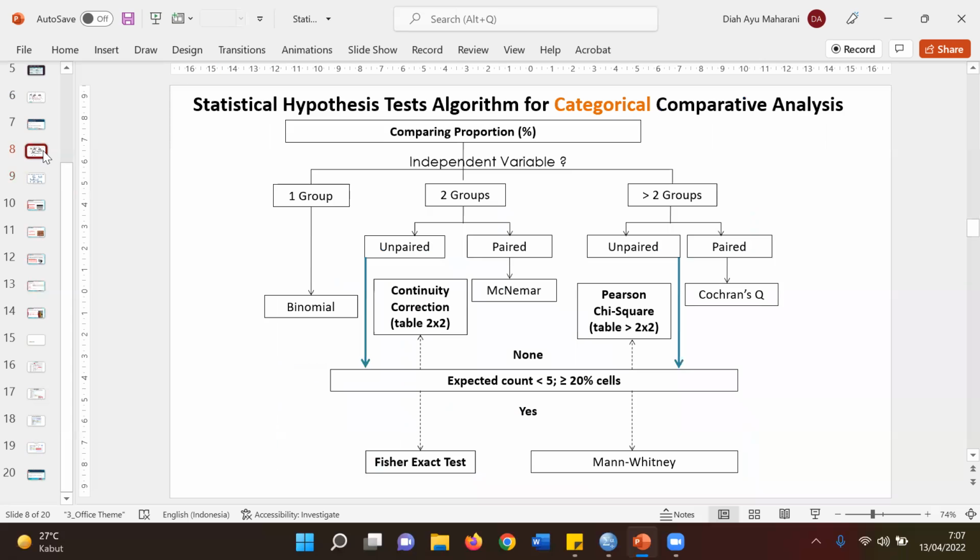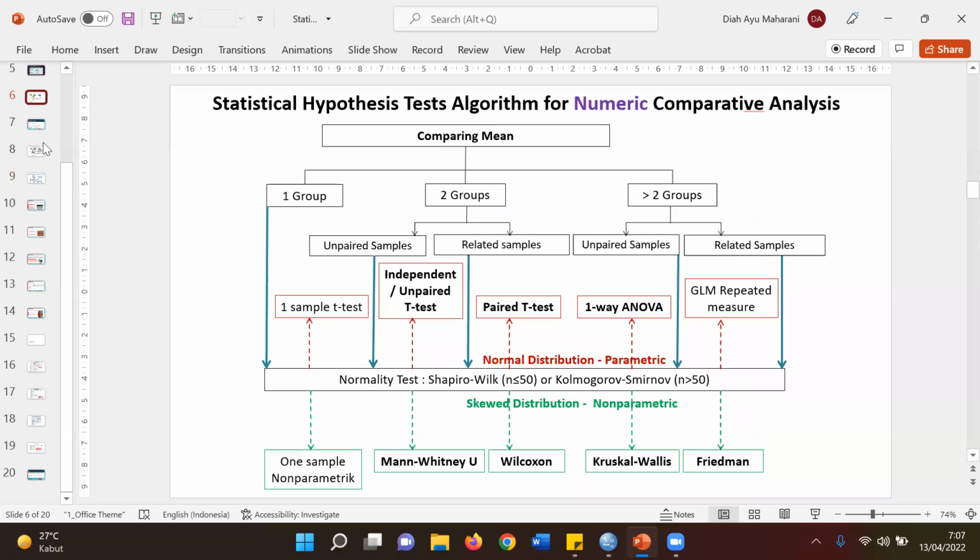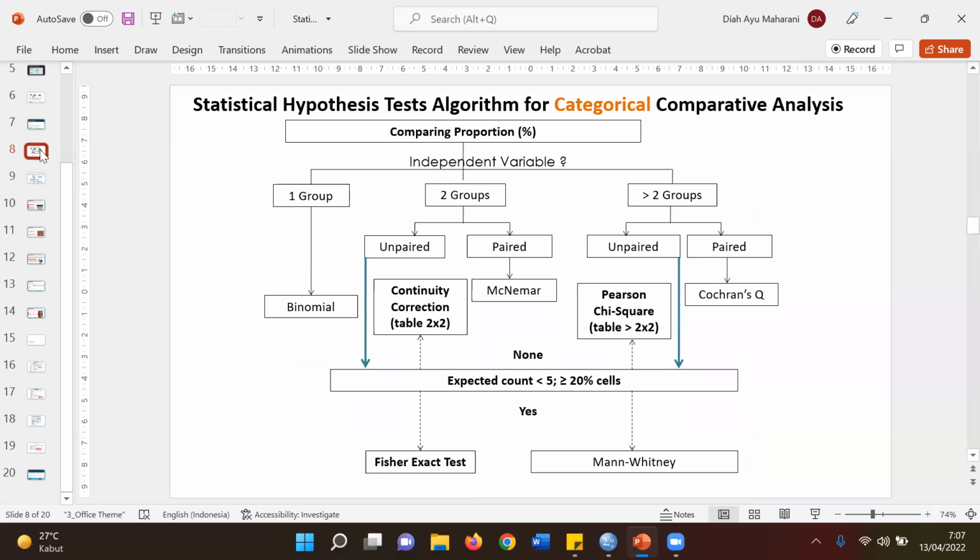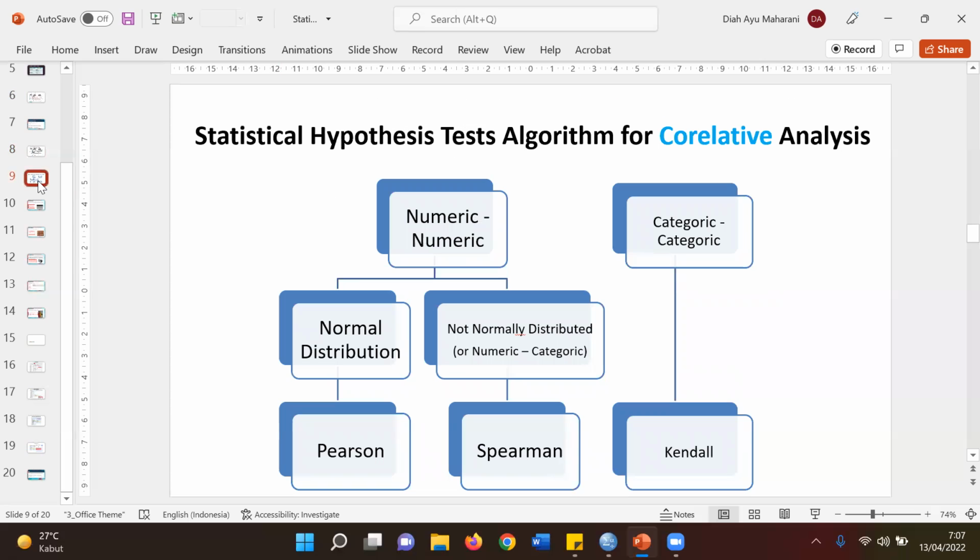So these two algorithms are for comparative, comparing means and comparing proportions. But this one is more about correlation: if something is going high, is the other variable going to be high too, or is it going to be decreasing?